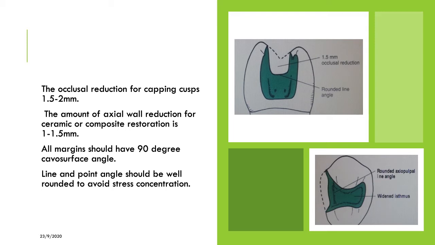In the picture you can see the occlusal reduction marked. There should be an adequate amount of space for the material to withstand the occlusal stress later once the tooth is restored, and there should be a 90-degree cavo surface angle, and line angles and point angles should be rounded to avoid any stress concentrations.